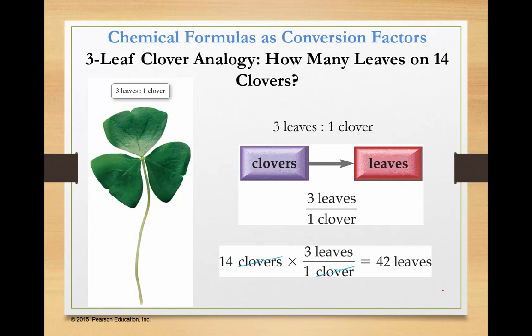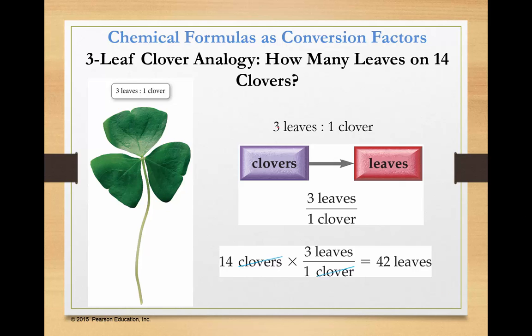But how does that break down? Again, it makes perfect sense with clovers and leaves. It may not make as much sense when you're talking about nitrogen dioxide versus nitrogen atoms or something like that. So again, let's take something familiar, leaves on a clover, and break it down into our process so that we can then use that process as a model for looking at things that aren't familiar.